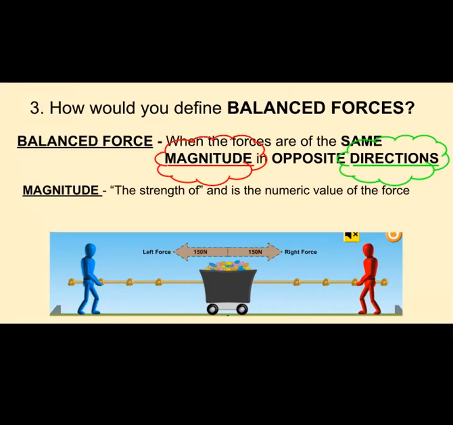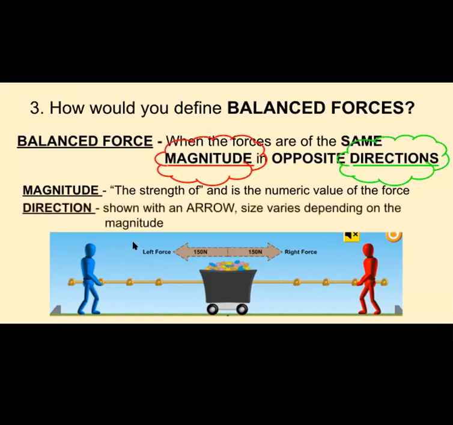Do you remember in the PhET simulation? Gia, what was the symbol? An arrow. An arrow. And so when we talk about forces, direction is shown with the arrow. And some of you mentioned in the warm-up that the arrow was larger or smaller, and we're able to see that force, okay? And so that arrow is very important to us when it comes to forces.